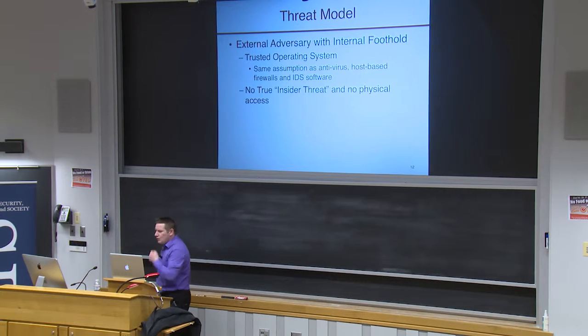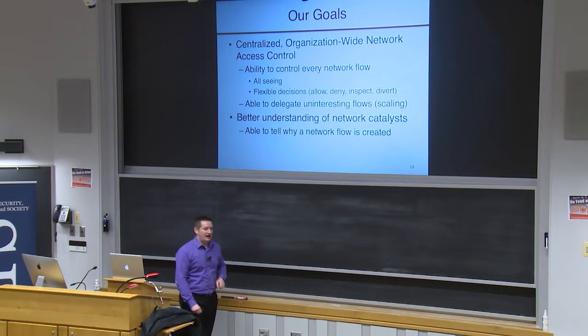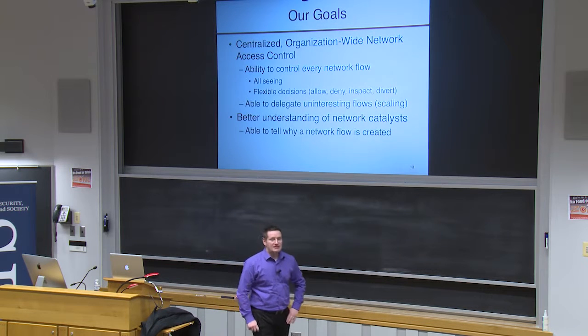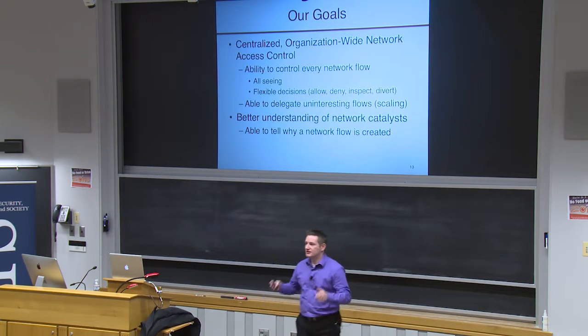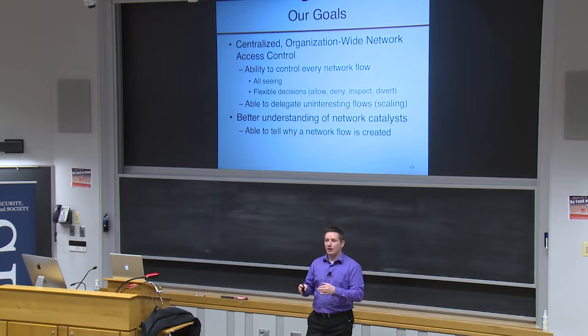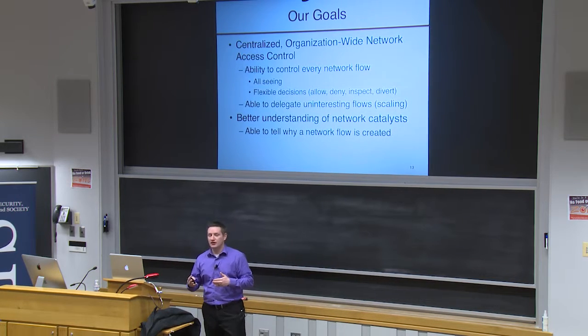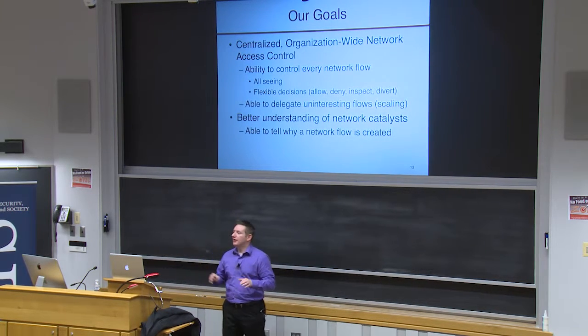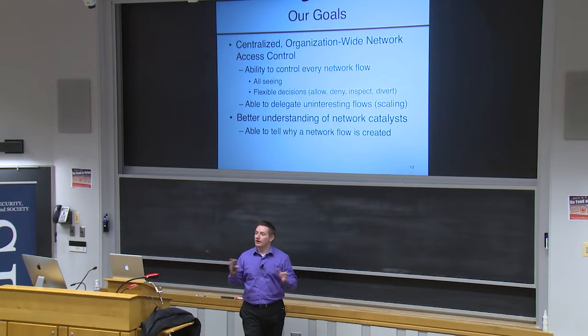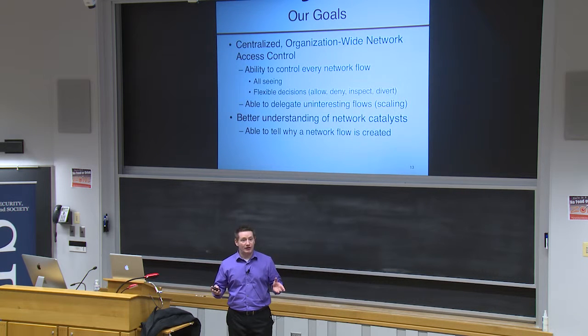So with these assumptions, what we want to have is this centralized access control. We want to be able to say, here's what's allowed on the network and here's what's not. And we want to be able to essentially do this from a single place and be able to push out policy. Now, how it's actually implemented might involve distributed systems. We might avoid some of those concerns about bottlenecks and things like that.